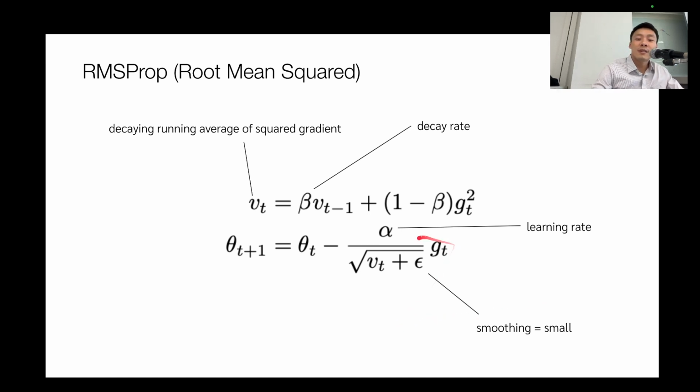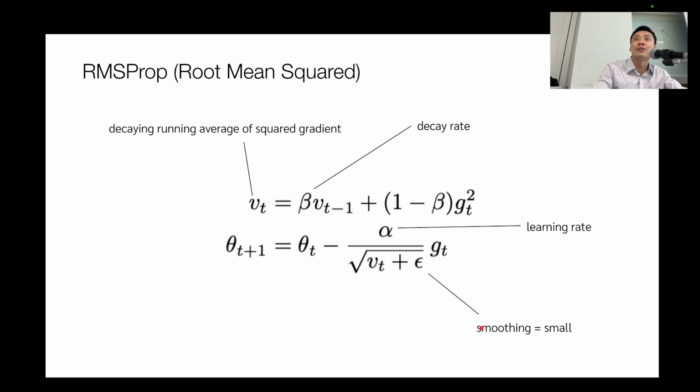Oh yeah, now we have this extra thing, epsilon. Epsilon in machine learning and stats means something very, very small. Why do we need something very, very small? Because we don't want this to be zero. We don't want to end up dividing something by zero, because then bad things happen.